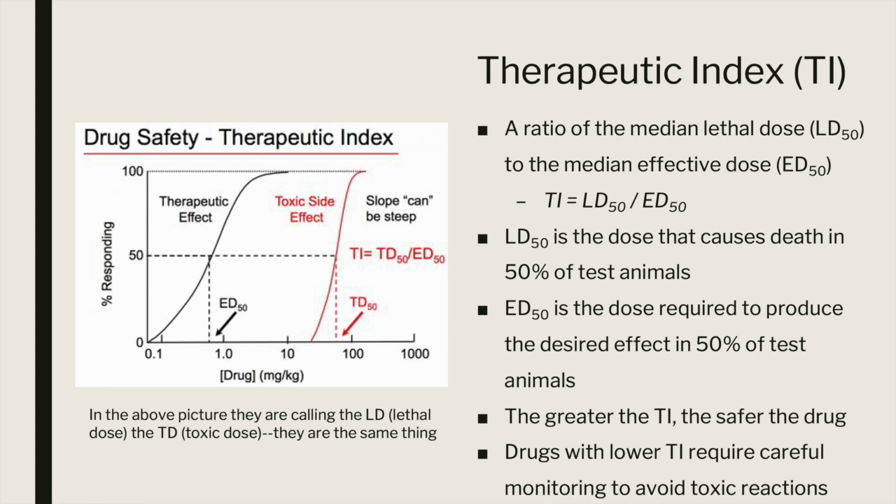Drugs that have a lower therapeutic index, where the two curves are close together, require really careful monitoring because you can very easily go from taking the right amount to taking the wrong amount. Those two doses are so close that it makes it a lot more likely that we're going to have increased side effects or adverse effects from these drugs. If they're much further apart, then we know that it's safer because it's going to take a lot more dosing to get to that lethal or toxic dose.